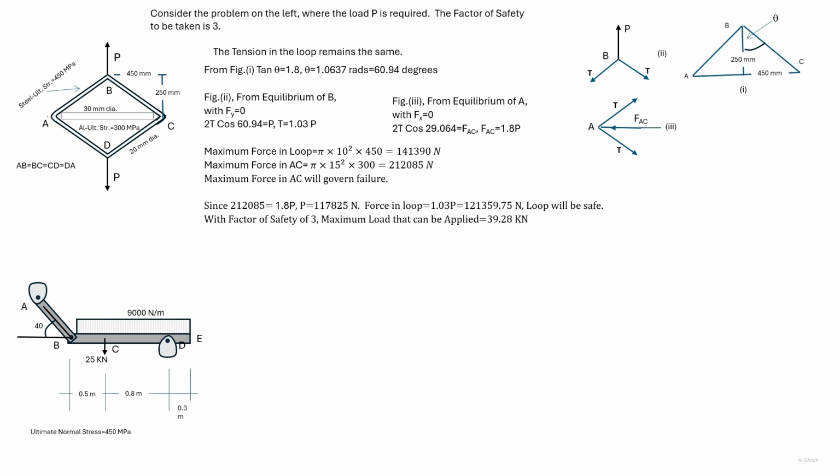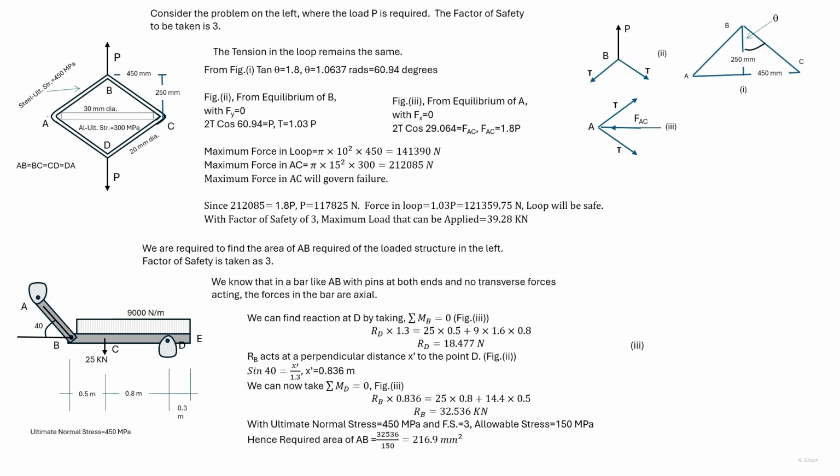Here we have another factor of safety problem. We are required to find the cross-section of AB considering a factor of safety of 3. To start with, we can take moment about point 2 in the bar BCDE and find out the reaction at B, since this load and this load are given.